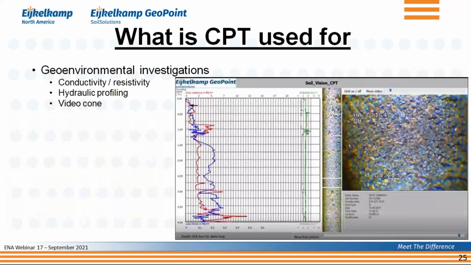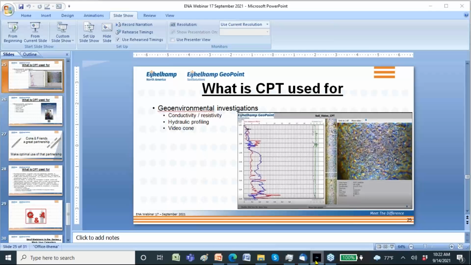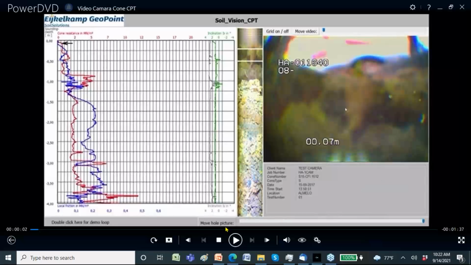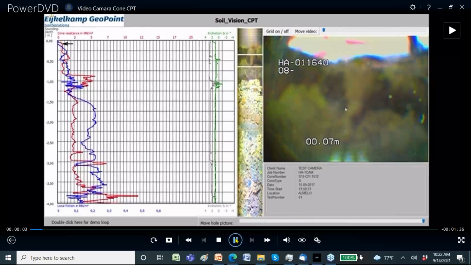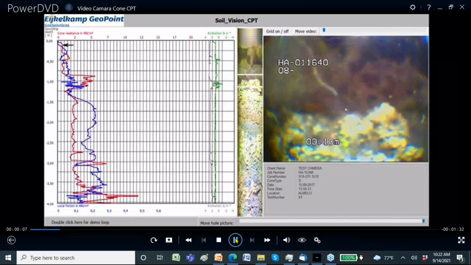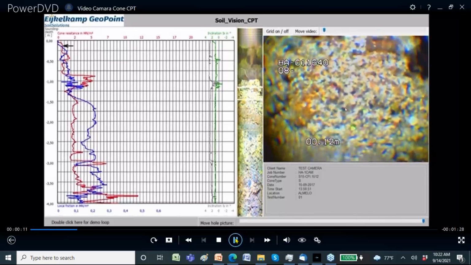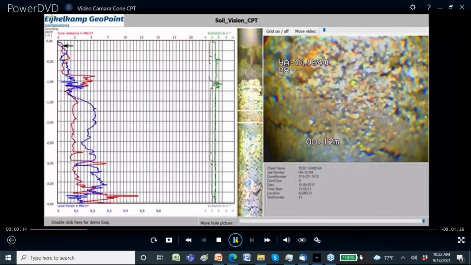The other thing that you can do, obviously, to find out what is happening in the soil is use the video cone. And what I want to show you briefly is a video that you see on your screen right now. On the right-hand side, you see the cone going into the ground, and you start getting an indication of what the soil looks like.